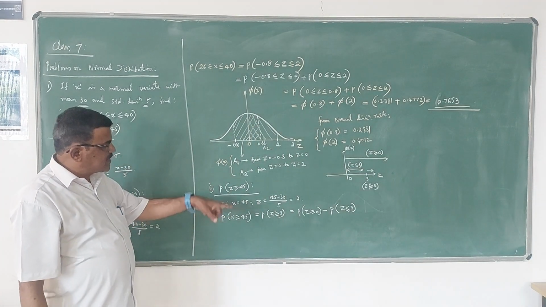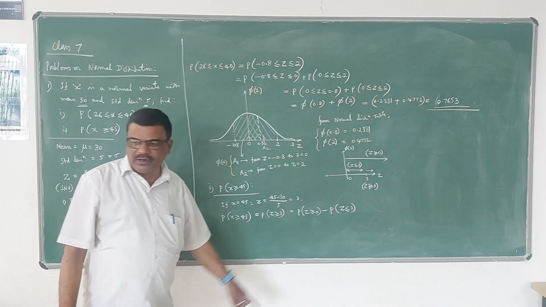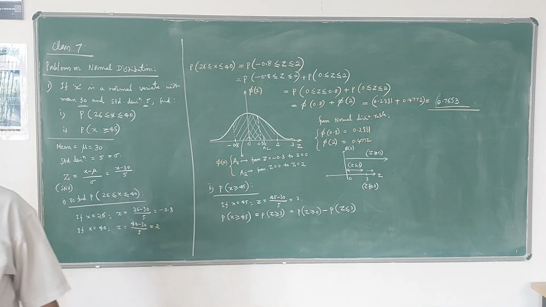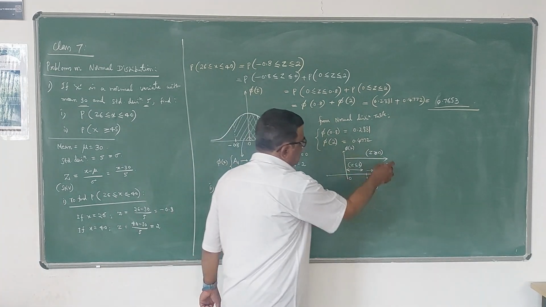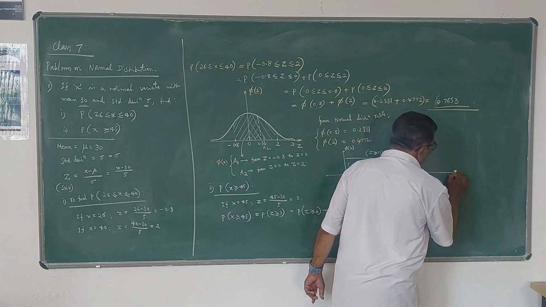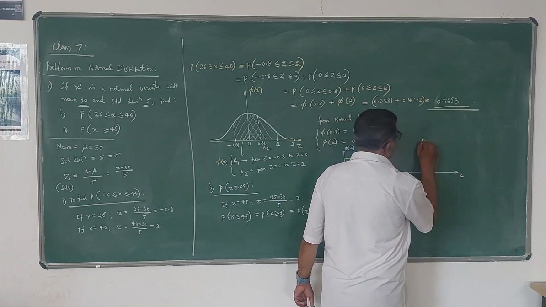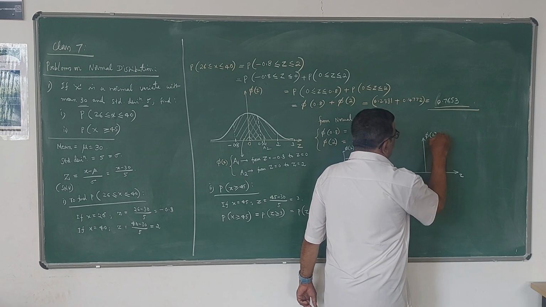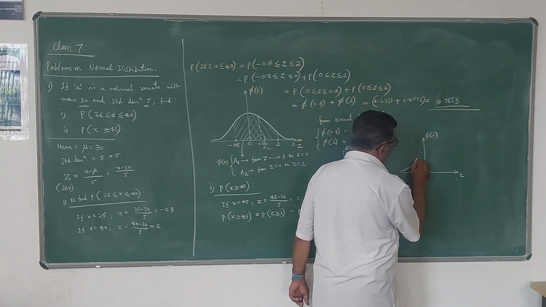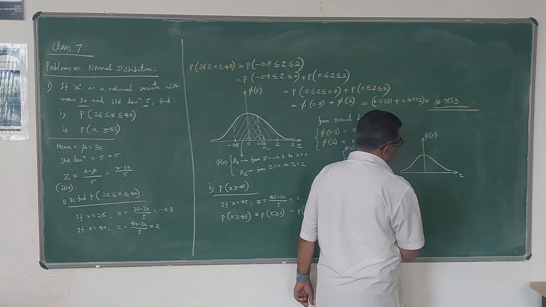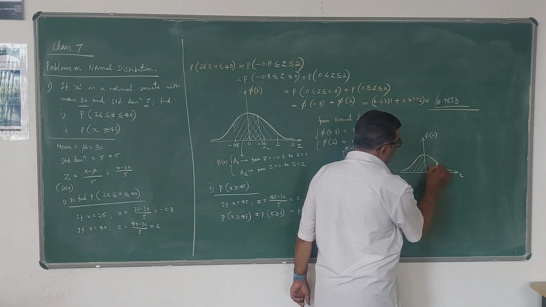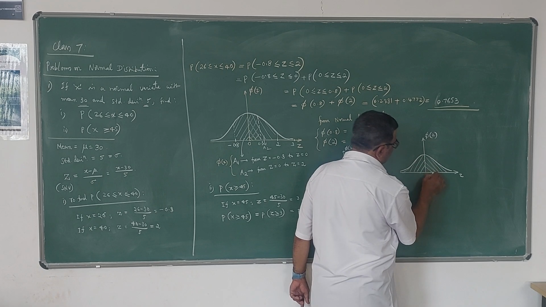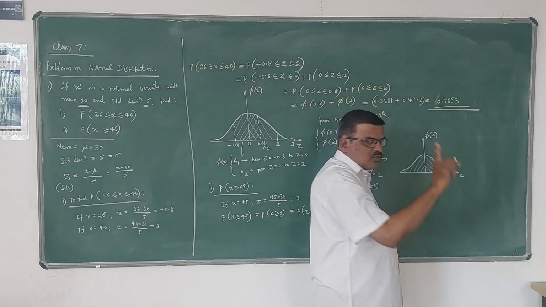So now what happens here? Z greater than or equal to 0, what is that area? Since the curve is symmetrical, the entire area under the curve is 1.